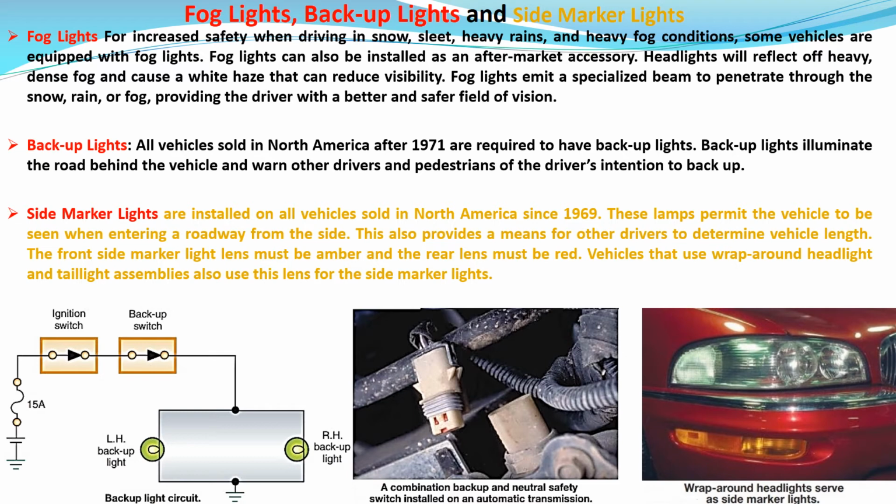The front side marker light lens must be amber and the rear lens must be red. Vehicles that use round headlight and tail light assemblies also use this lens for the side marker lights.